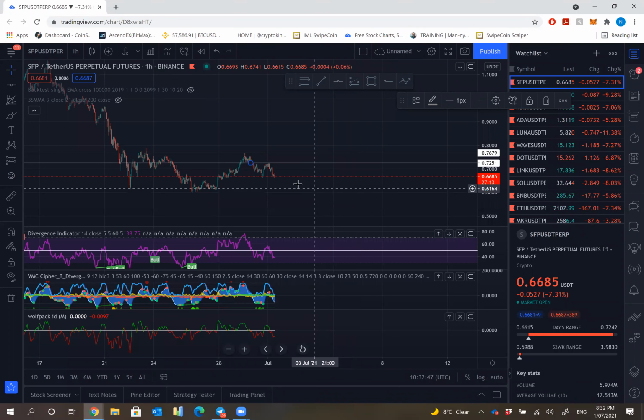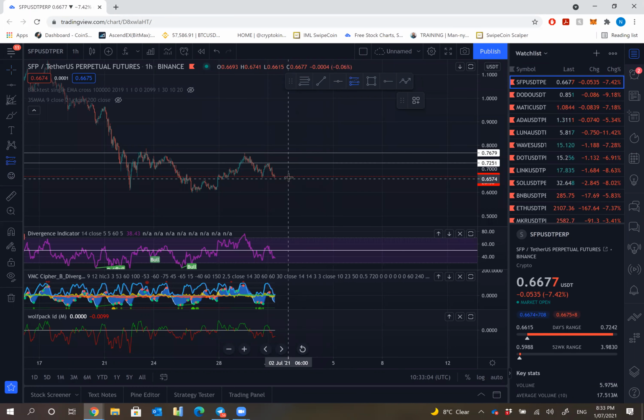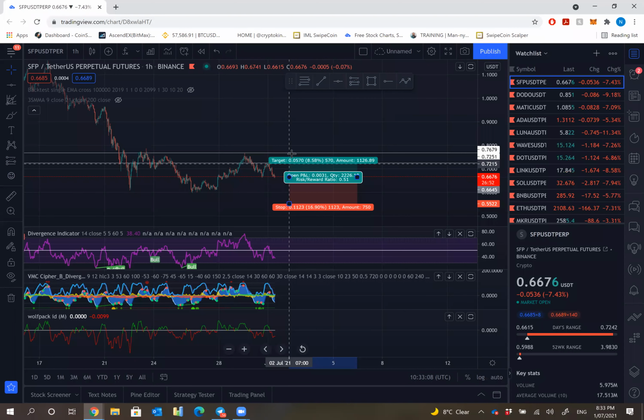But it's been really choppy at the moment, so I usually take profits at the next point where there could be a bit of resistance. So right here is a little bit of resistance. If I enter the trade at this point, I would take my first take profit there, take another lot of profits at this point here as well, and then I'll let the trade run.